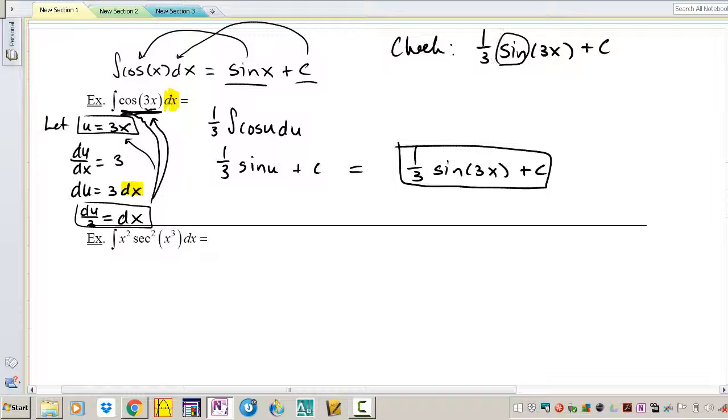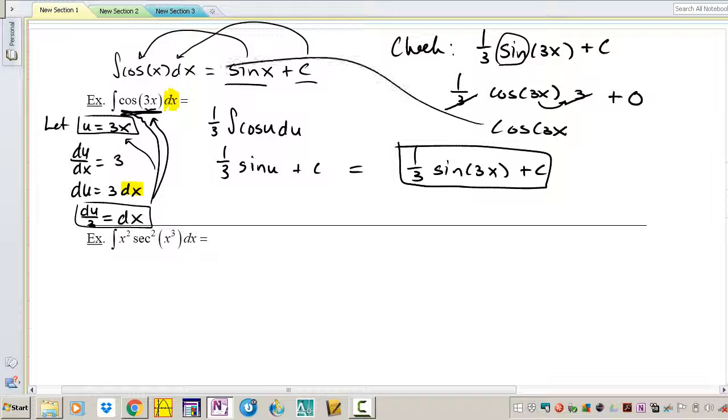The derivative of sine is cosine 3x, times 3, times the 1/3 that was originally there, and then the derivative of plus c is plus 0. The 3's go away, and we have cosine 3x. So yes, this does work out.